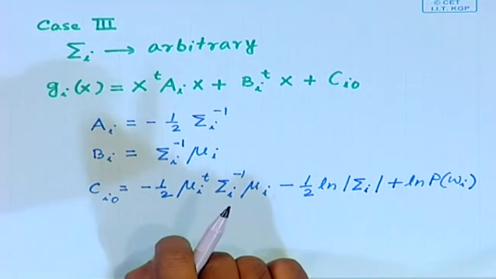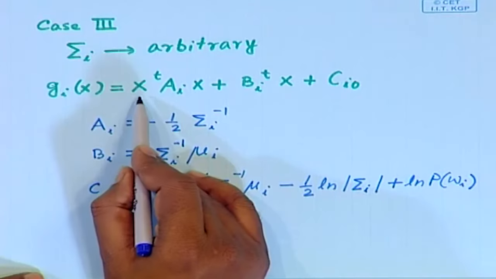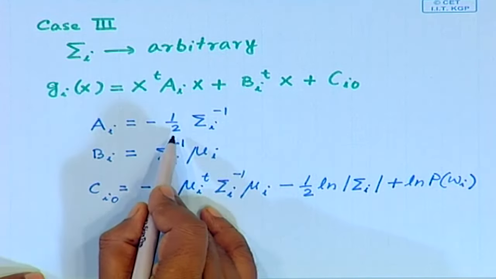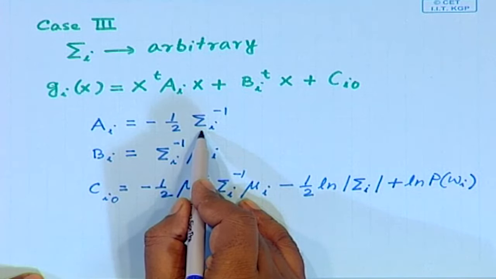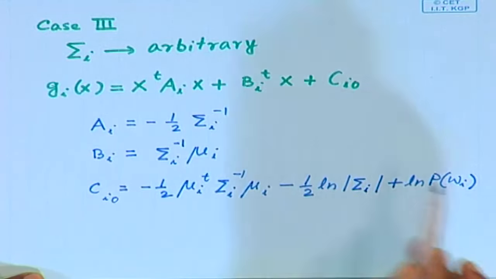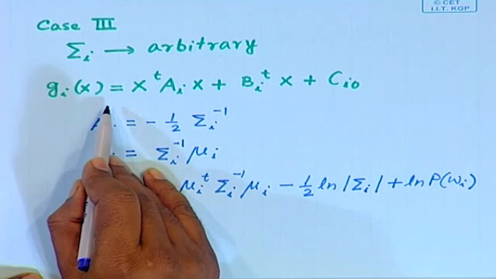So you find that in the earlier cases we could remove the quadratic terms, that is the term involving x transpose x or x transpose Ax, because x transpose x does not give you any discriminating power. But over here this is x transpose Ai x, where Ai depends upon the value of sigma I, that is the covariance matrix, and different classes have different covariance matrices. So this term x transpose Ai x now becomes class dependent.